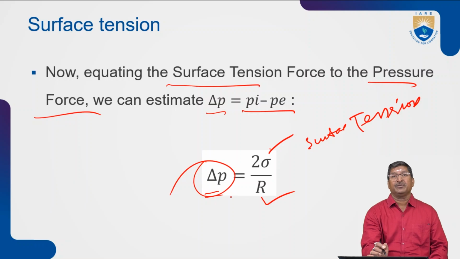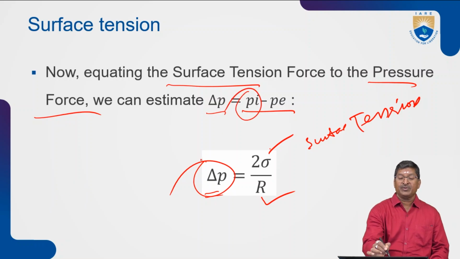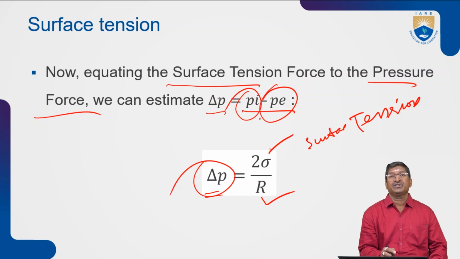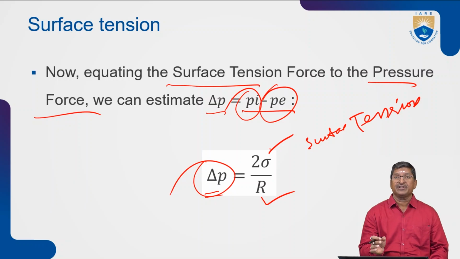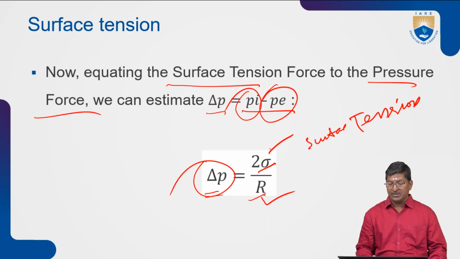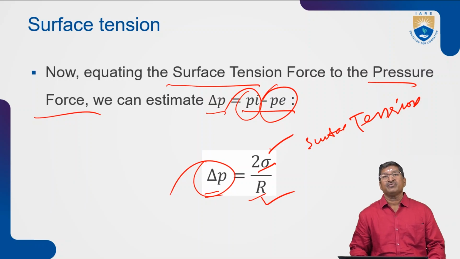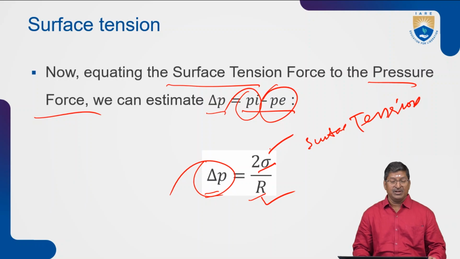So delta P is the difference of pressure, inside pressure minus outside pressure. Inside pressure is due to the intermolecular forces, and outside pressure is due to surface tension. So if you solve this, delta P is equal to 2 sigma by r, where sigma is the surface tension and r is the radius of the droplet: 2 times the surface tension divided by radius, which gives the difference of the pressures, inside pressure and outside pressure.